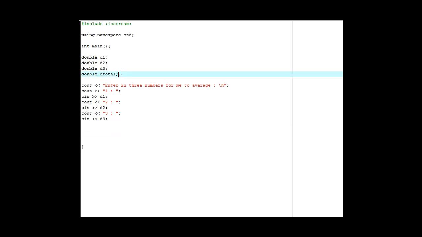Okay, so what I did was I said double D1, double D2, double D3, and double D total. A double is an integer or a float. An integer is a whole number or a negative whole number. A whole number is a number like 0, 1, 2, 3, 4, 5, 6, 7, 8, 9, 10, whatever, and up, or it could be a negative number, 0, -1, -2, and up, or down.